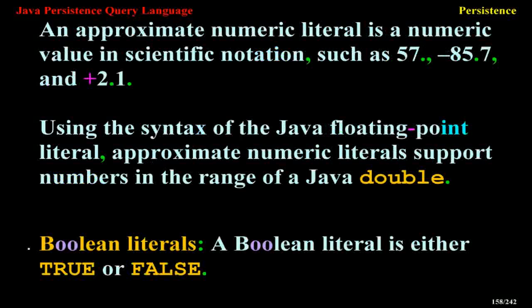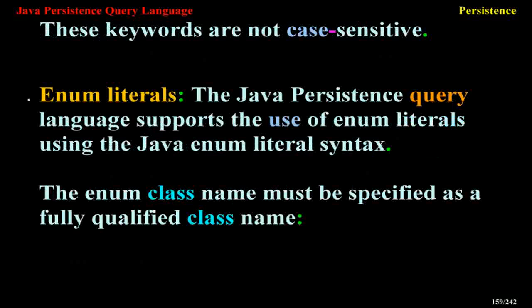An approximate numeric literal is a numeric value in scientific notation, such as 57, -85.7, and +2.1. Using the syntax of the Java floating point literal, approximate numeric literals support numbers in the range of a Java double. Boolean literals. A Boolean literal is either true or false. These keywords are not case sensitive.